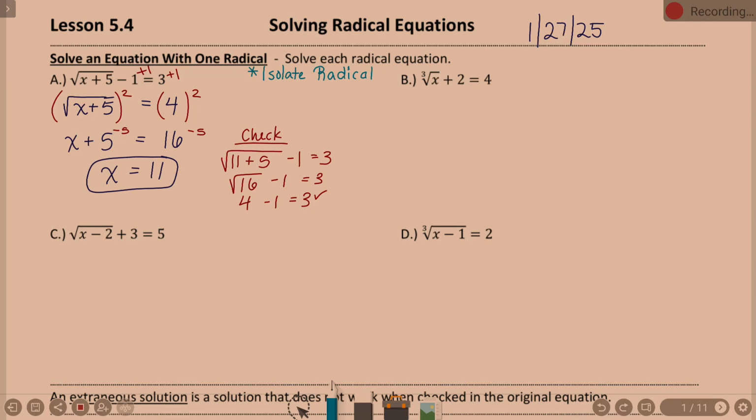First job is to isolate the radical. Once you get the radical by itself, what do we do in this case? We squared both sides, didn't we? So that's going to be your general steps, rules that work all the way through.